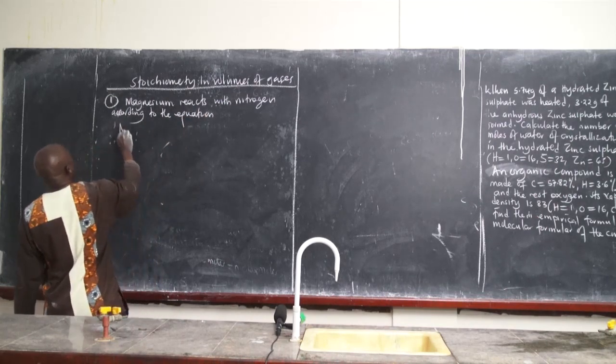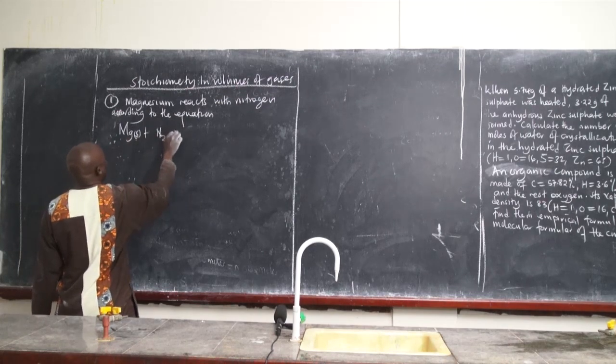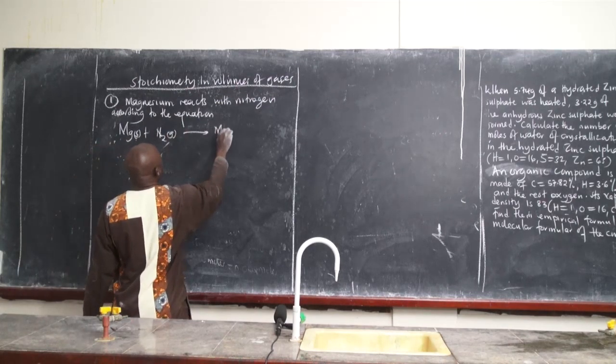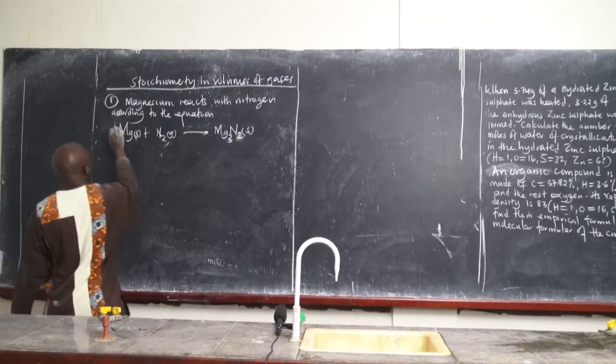So that is magnesium plus nitrogen gives us magnesium nitride. This is 3.